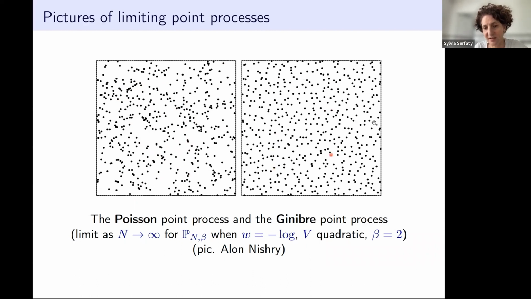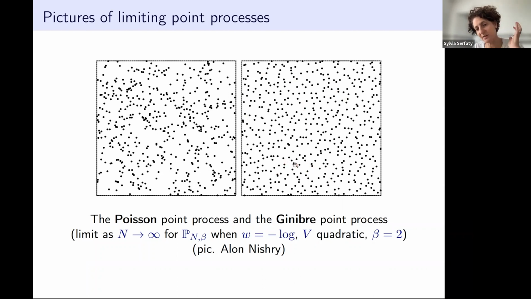On the right-hand side, you have the Ginibre point process. This is a unique case in 2D. It's only in 2D, when beta equals 2 for the quadratic confinement case, that the limit point process from my Coulomb gas is known, is identified, and people know how to compute its correlations and plot it. So this is a plot of it.